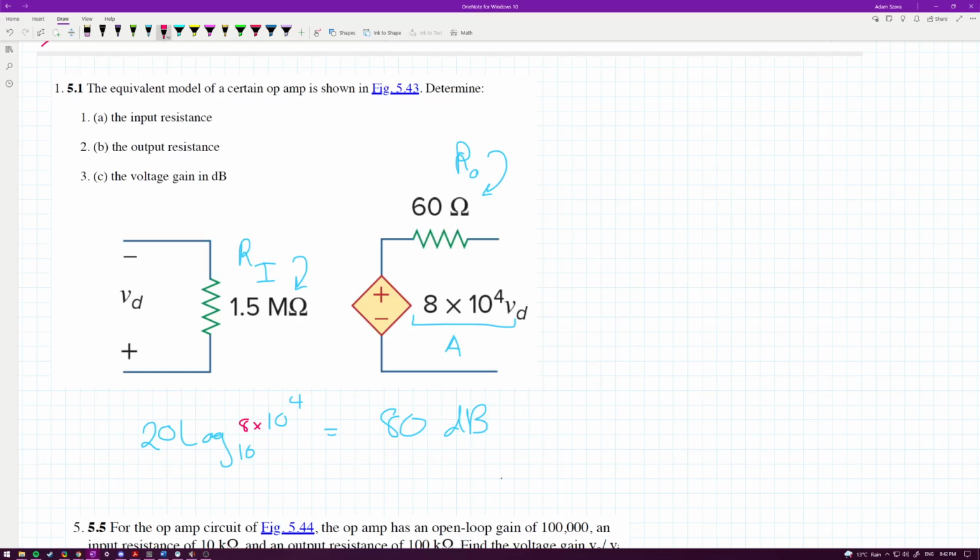I get 20 times log base 10 of 8 times 10 to the 4, which is 98.1. Is that what they got? Yeah, you rounded it, right? Okay, 98.1, good. I just forgot the 8. I don't know why I'm making stupid mistakes.